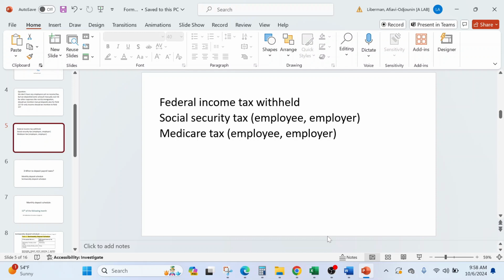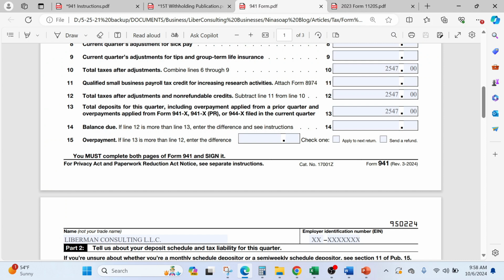And when you are filing Form 941, you need to know the total deposit that you made in your EFTPS account for that quarter, and add it on line 13. That's what line 13 is for. That is the deposit they are asking you about.